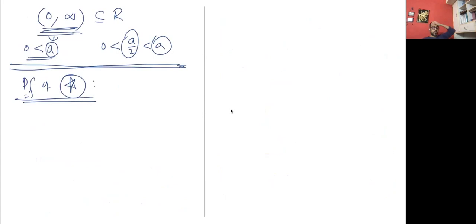So how do we go about proving this statement that any non-empty subset of this has a smallest element?